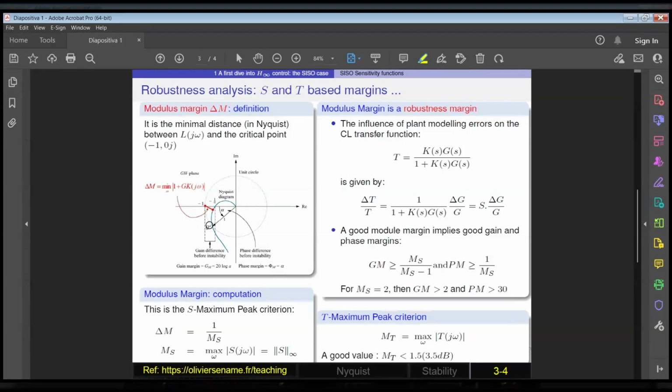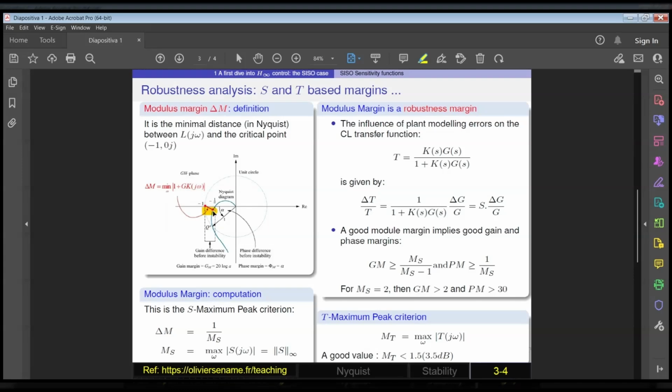Further the Nyquist curve stays away from this point, the more robust the system becomes. This distance introduces two important concepts: gain margin and phase margin. The gain margin tells us how much gain variation the system can tolerate before becoming unstable.